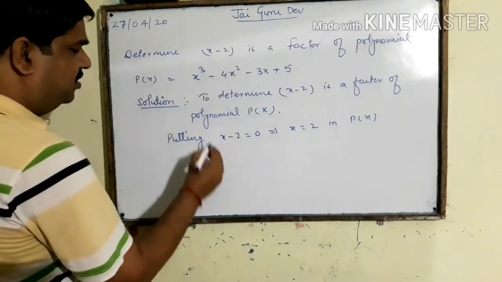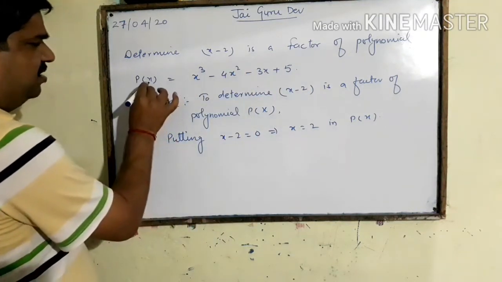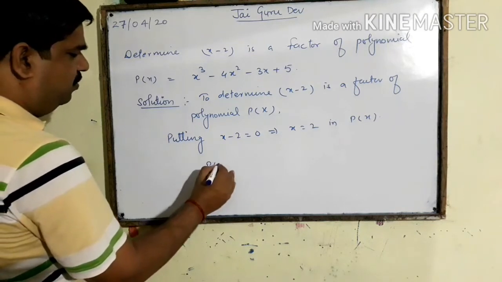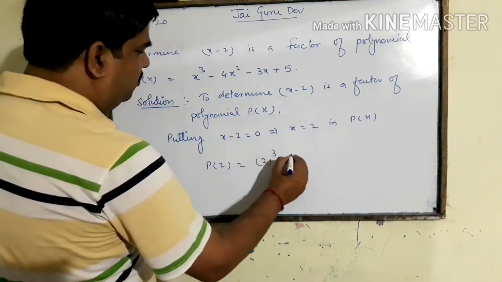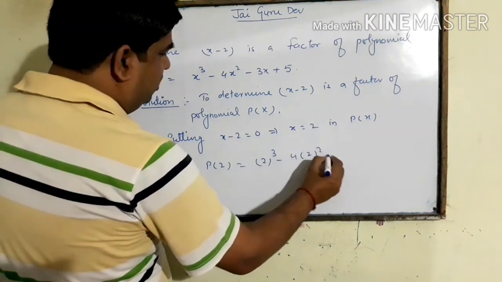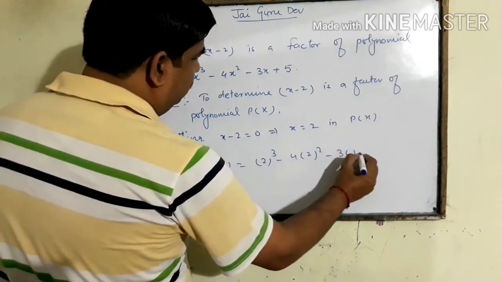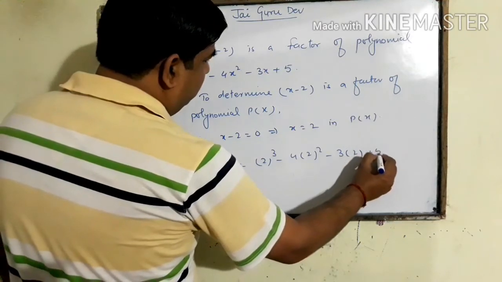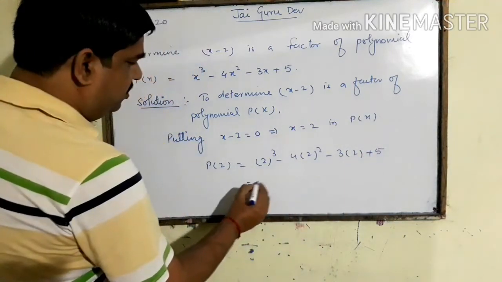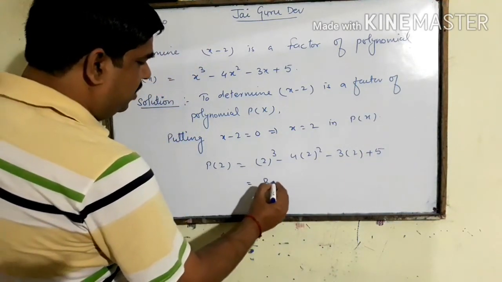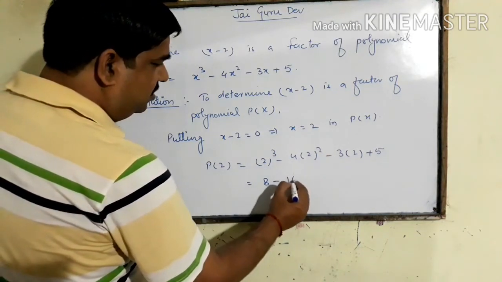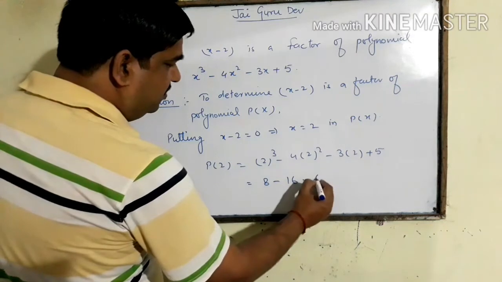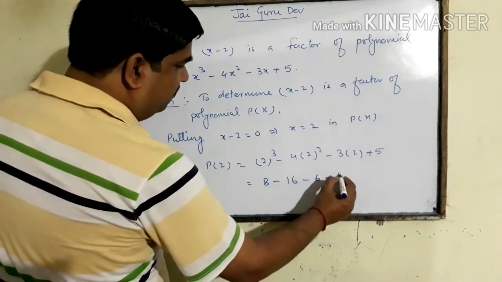So p(2) equals 2 cubed minus 4 into 2 squared minus 3 into 2 plus 5. So 2 cubed is 8, minus 4 times 4 is 16, minus 3 times 2 is 6, plus 5.